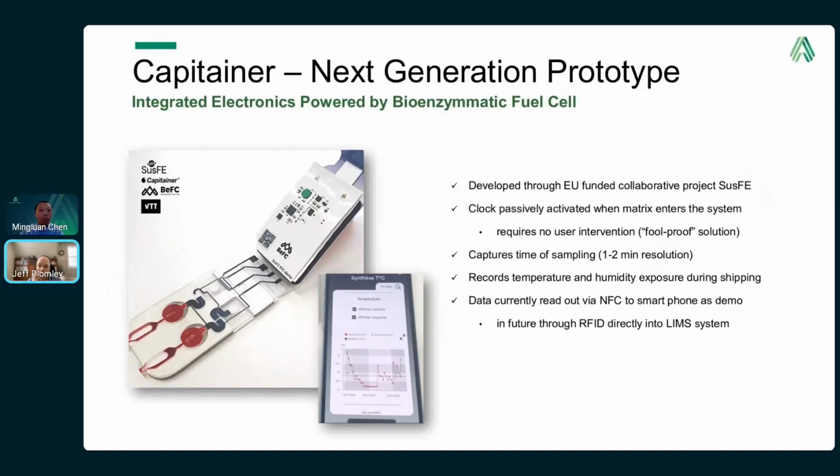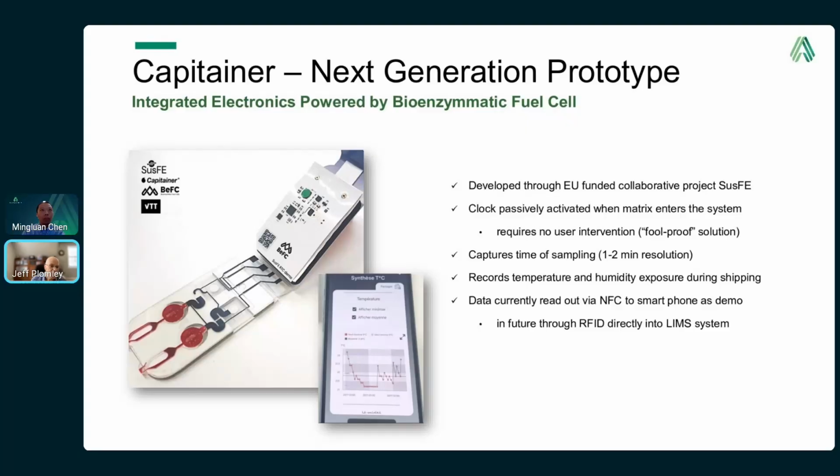And this really is a tremendous breakthrough that significantly decomplexifies these critical logistics that are associated particularly with remote sample collection. And this has come about as a result of a collaborative effort between Capitainer, BEFC, and VTT, which provides the roll-to-roll research expertise that's focused on point-of-care diagnostic systems. And all this is funded by the EU Project for Sustainable Functional Electronics.